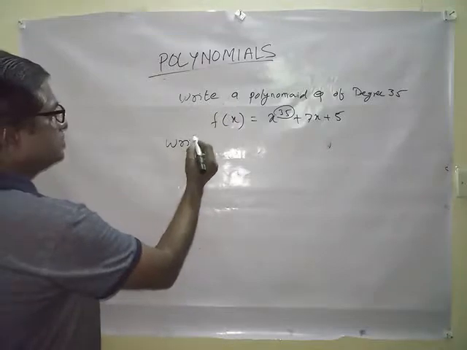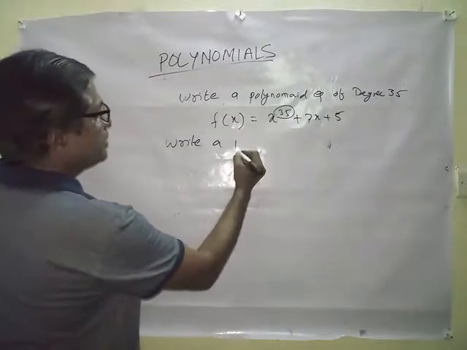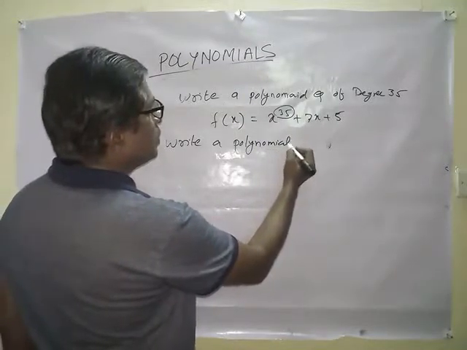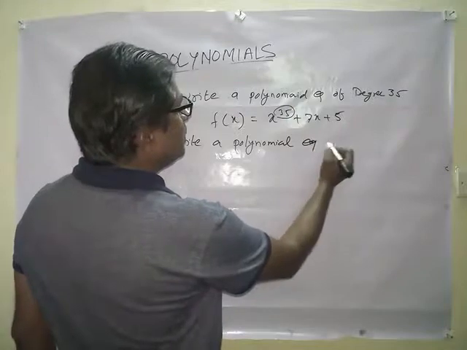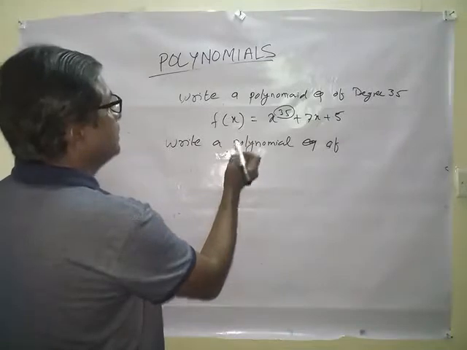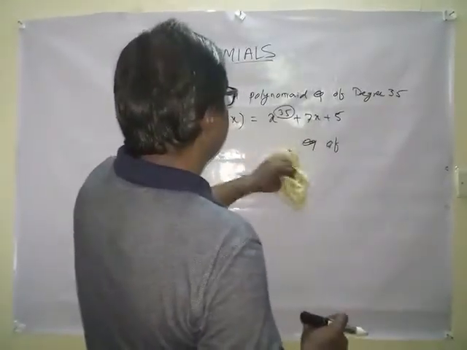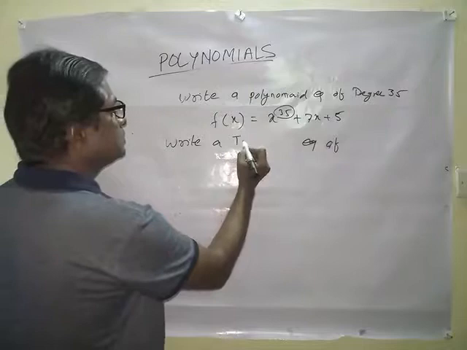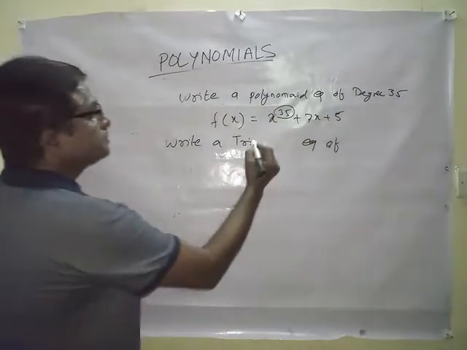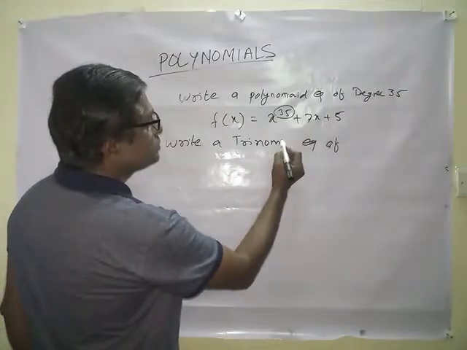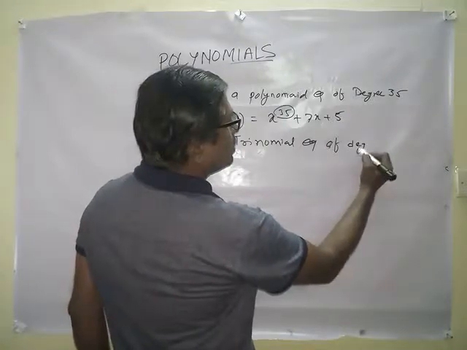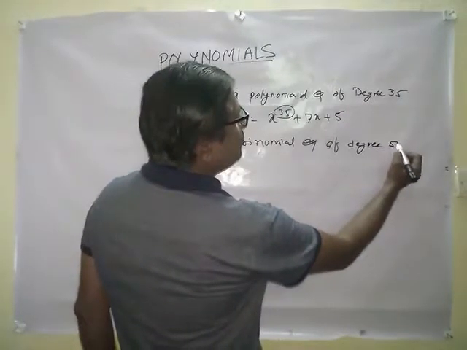A similar question can come: write a polynomial equation, or let us say, instead of polynomial you have been given a trinomial equation of degree 50.